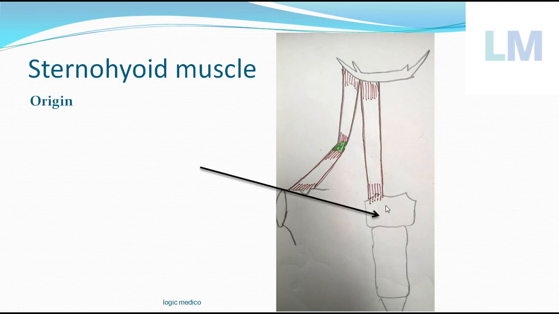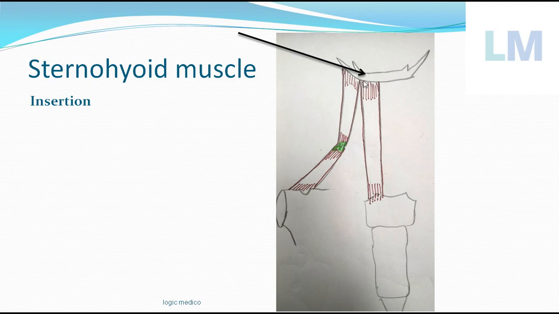So the origin is the posterior surface of the manubrium sterni, the adjoining surface of the clavicle and the posterior surface of the sternoclavicular joint, and the insertion is the lower border, the medial part of the hyoid bone.